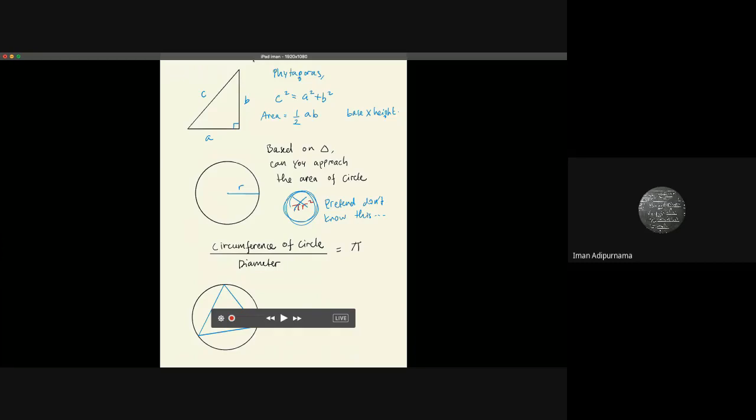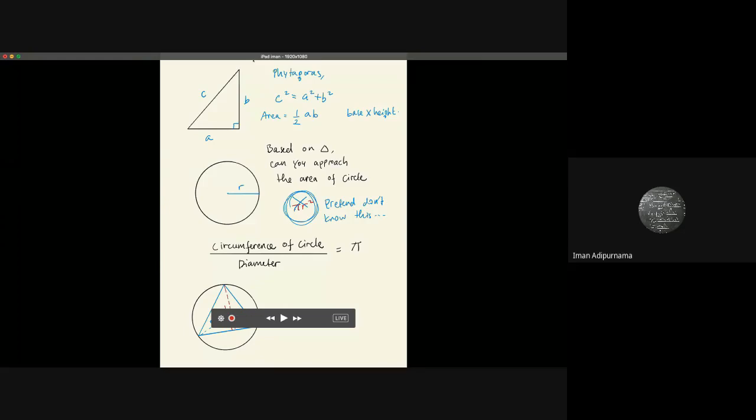Let's say the triangle I'm making, for example, has this as the height of the triangle, and this is the r.